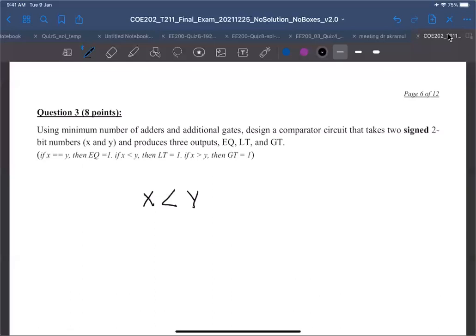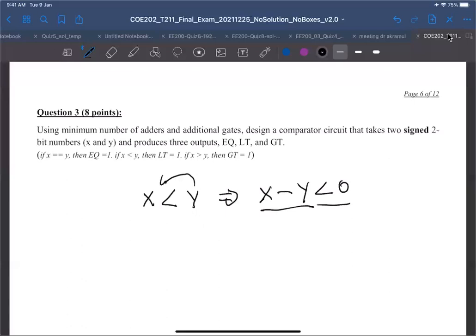We can move Y to the other side, and this implies that X minus Y is less than 0. If the difference here is less than 0, then what does it imply? It implies that X is less than Y, or you can say that Y is greater than X.